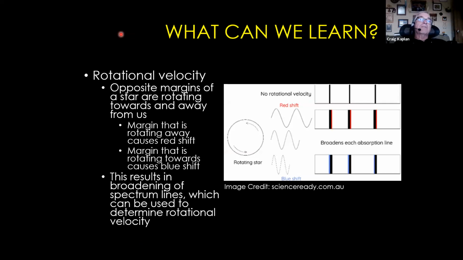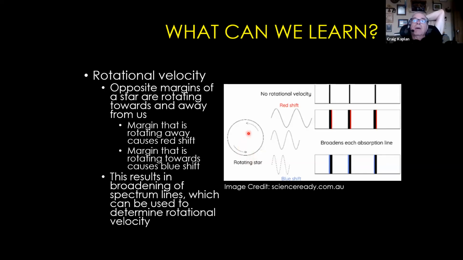We can also, believe it or not, determine rotational velocity. If a star is rotating, or a body is rotating that's emitting light, and we're looking at it from this perspective, the top half of that star is rotating away from us, causing a redshift. And the bottom half is rotating towards us, causing a blue shift.